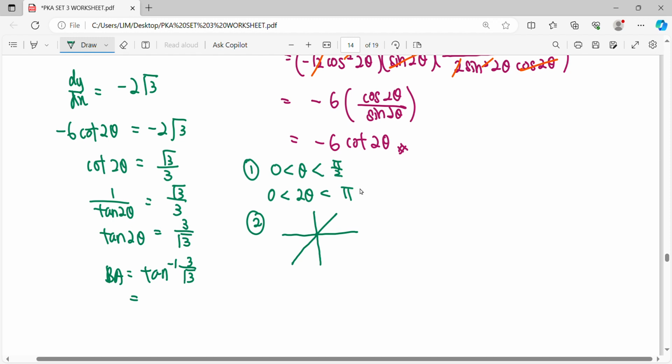Your basic angle is pi over 6, right? So in quadrant 1, pi over 6, and in quadrant 3, pi over 6 plus pi.